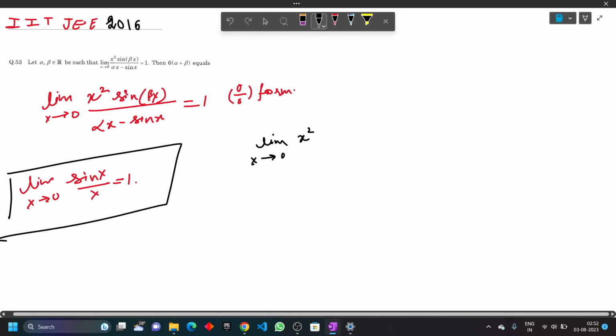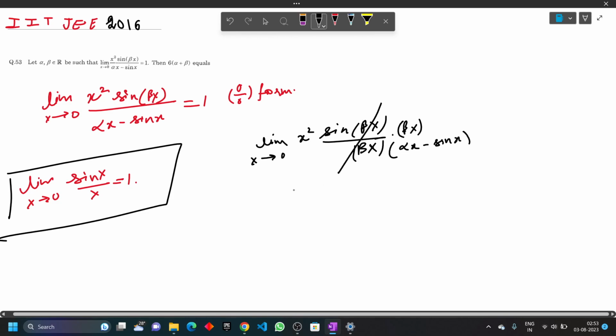Now if I divide this numerator by beta x and multiply by beta x, sine beta x divided by beta x and multiplied by beta x, right? And in the denominator there is alpha x minus sin x.